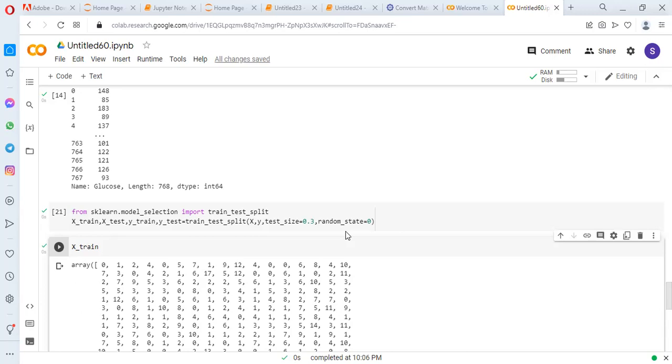To make the model stabilize, you can use any value, but it is preferred that you use 0 or 1, right? So for stabilizing the model, we use this random state, and generally we use the 0 value.